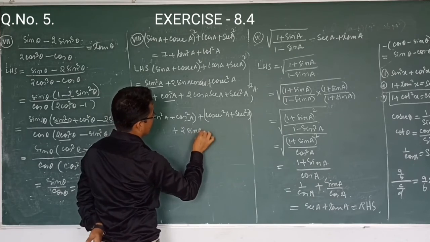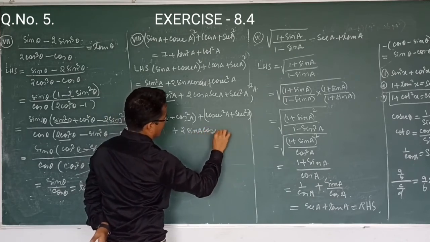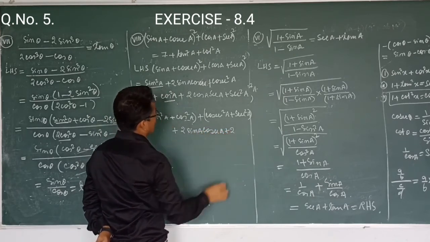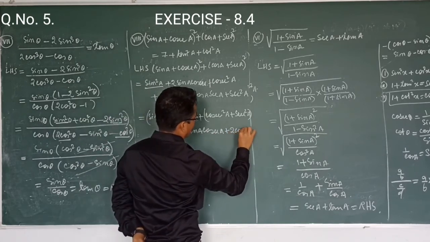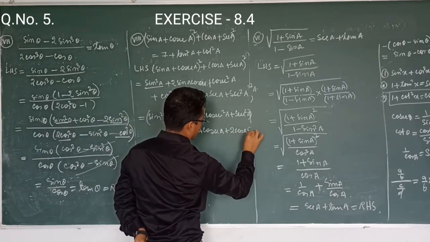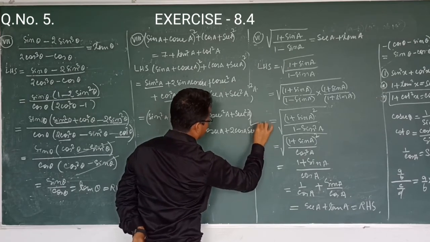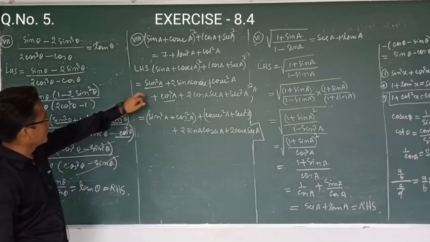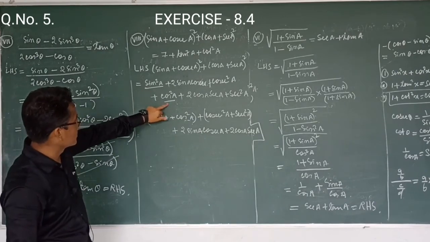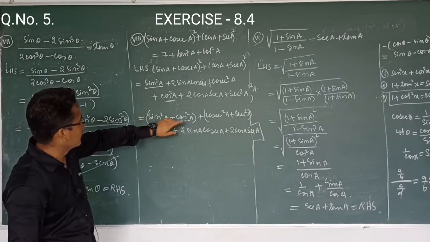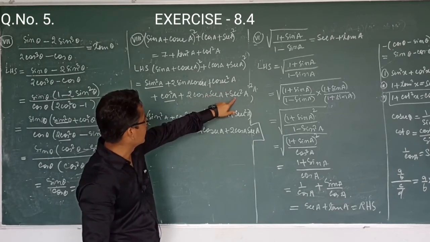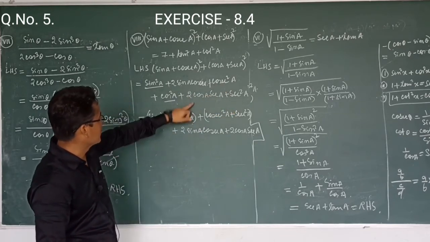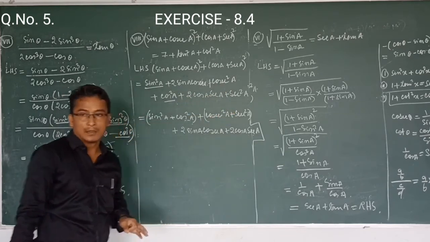Okay, so what remains? Plus 2 sin A cosec A plus 2 cos A sec A. Okay, so let's see what we can do.